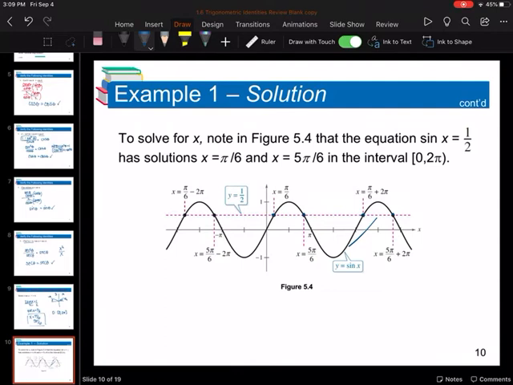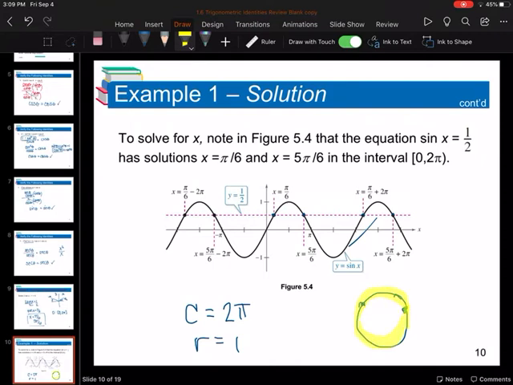And the reason we're adding that 2 pi is because the circumference of the unit circle is 2 pi, because circumference is 2 pi r, but we know that the radius of the unit circle is 1. So on our unit circle, we had those 2 points at pi over 6 and 5 pi over 6. Well, as you travel around and around the unit circle, here's one trip.